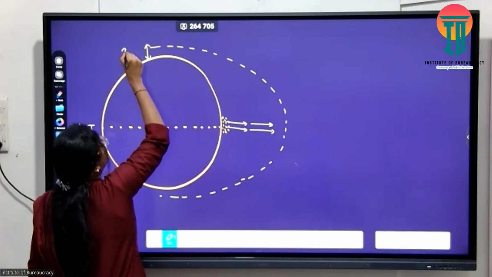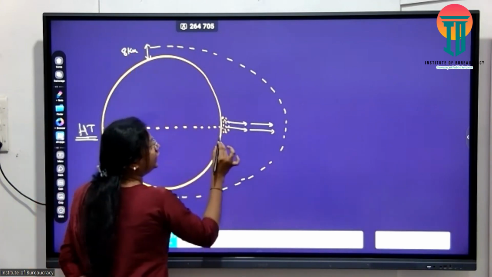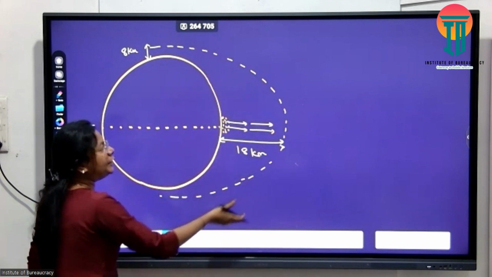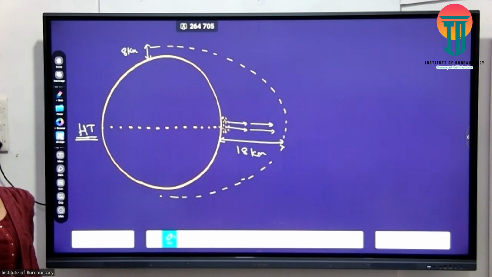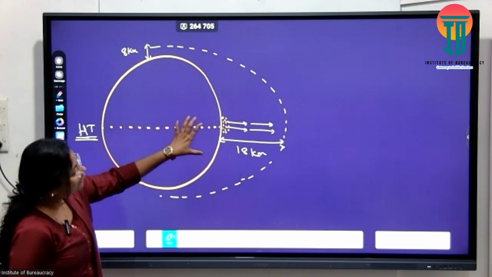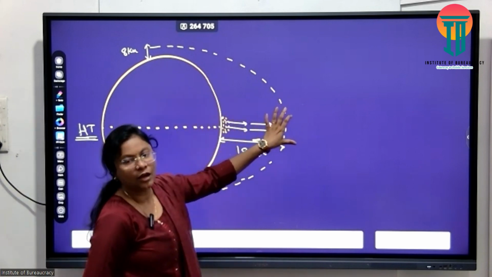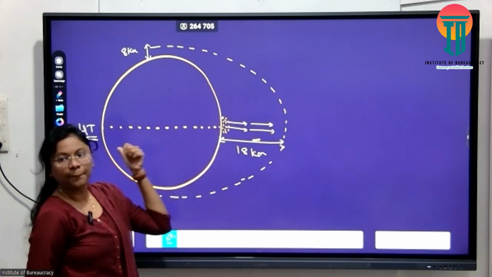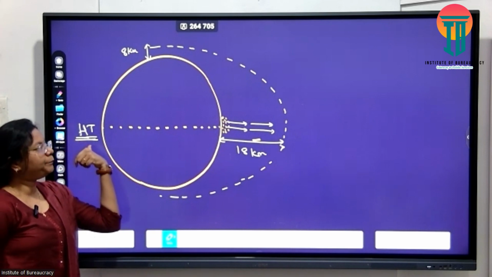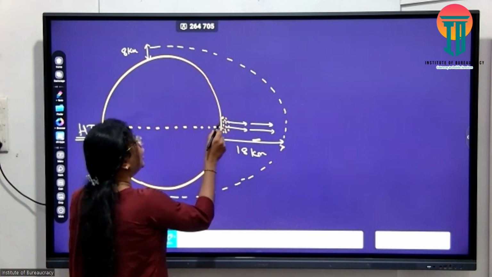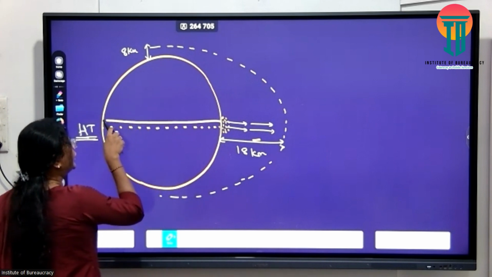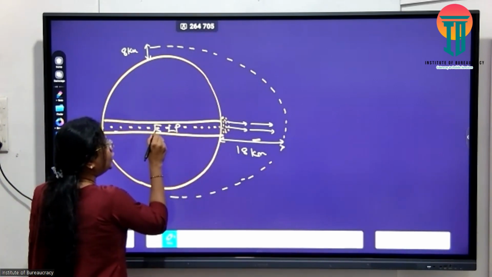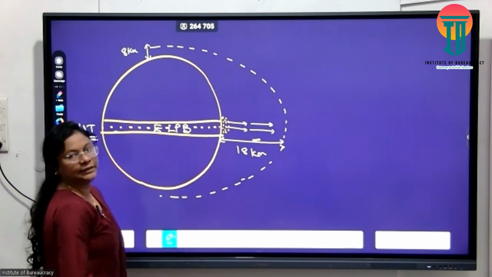Where it is 8 kilometers at the poles, here the troposphere extends up to 18 kilometers. So the upper limit of vertical mixing of air is the troposphere. What is the causative factor of ascending air? Temperature. High temperature induces which pressure? Low pressure. So what pressure forms in the equatorial region? Low pressure, called the equatorial low pressure belt.